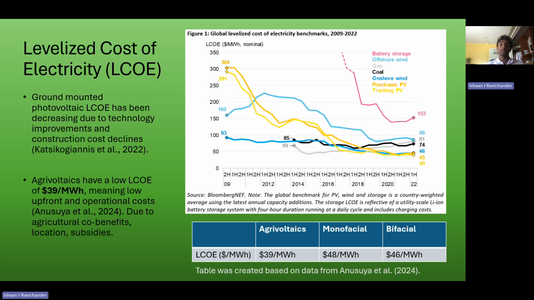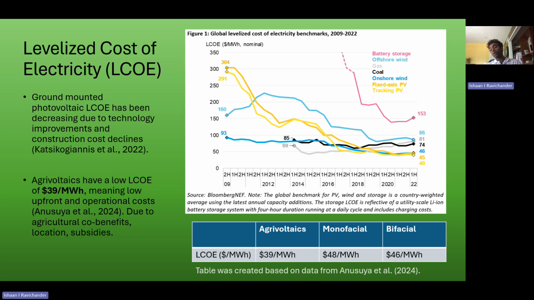According to the study in India that I previously mentioned, agrivoltaics specifically are known to have a low levelized cost of electricity of $39 per megawatt hour, which means that relatively low capital and operational costs are required to maintain the systems. I think it's important because, as you can see in the diagram, this puts agrivoltaic systems in line with the best PV systems in terms of cost efficiency.